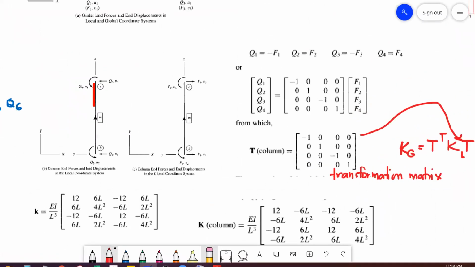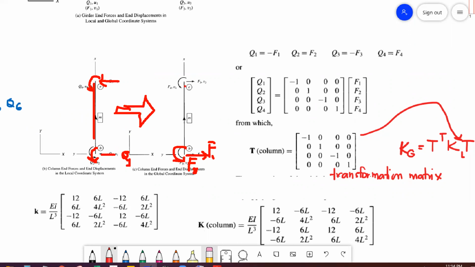Now, this is the vertical column. So, these are the local forces Q1 and Q3 as the forces, Q2 and Q4 as the moments. Now, let's transform that into global F1. So, F1 is also horizontal. And F2, the moment, has the same orientation.